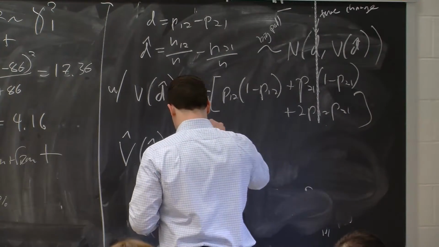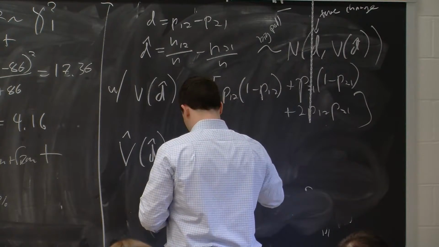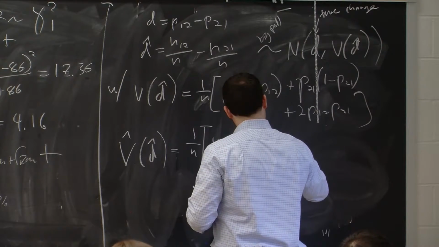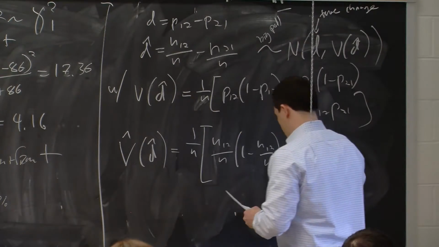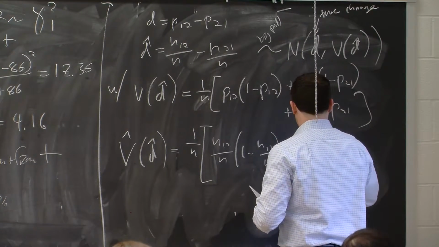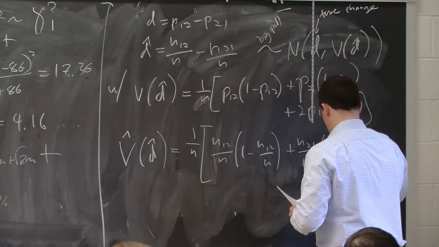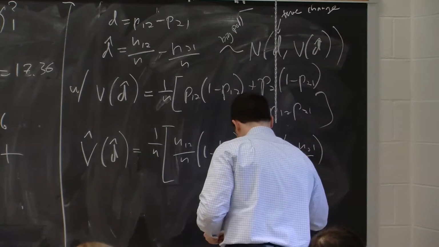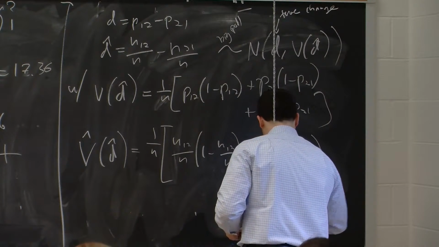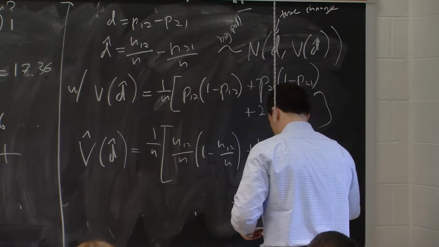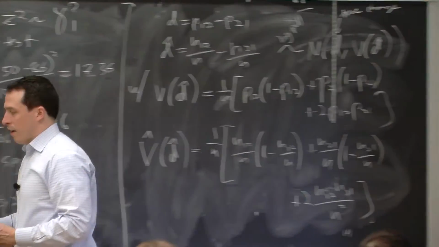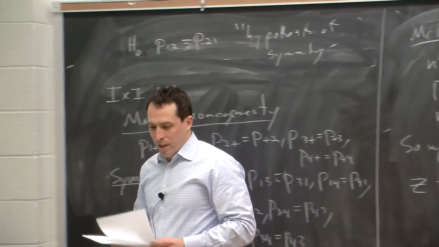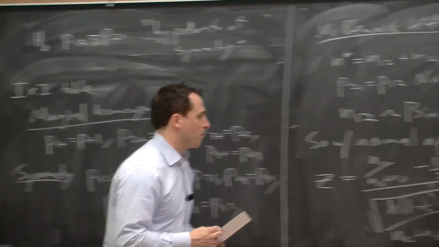And that will be n12 over n times 1 minus n12 over n, plus n21 over n times 1 minus n21 over n. So this is just a plug-in estimate, plus 2 n12 n21 over n squared. Okay, so that variance gives us our confidence interval.